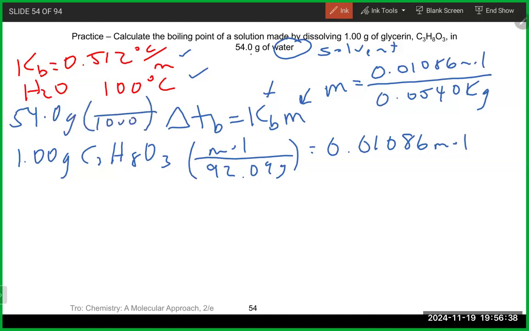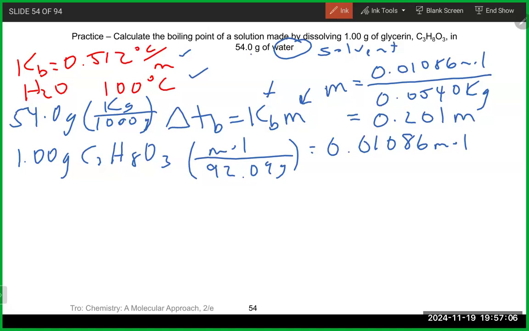So divide by 1,000 basically to get that there. And that gets us obviously our number on the bottom there. That's going to give us our molality here of about 0.201 molality there. Any questions on that there?